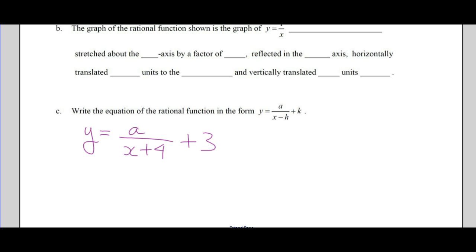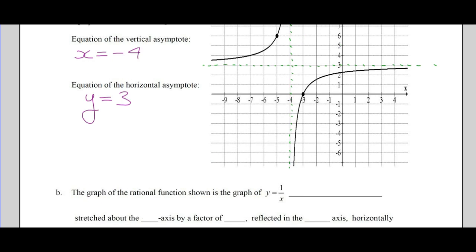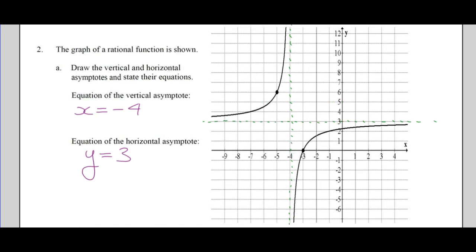Now I need a point on the graph. If only there was an actual point, and there is, right? Actually, there are two of them. So we've got negative 5, 6, or negative 3, 0. Pick negative 3, 0. Okay? Work out a.